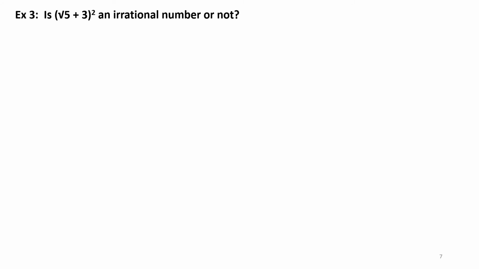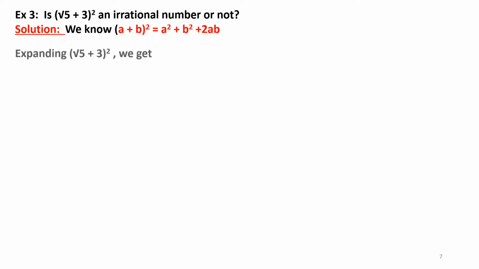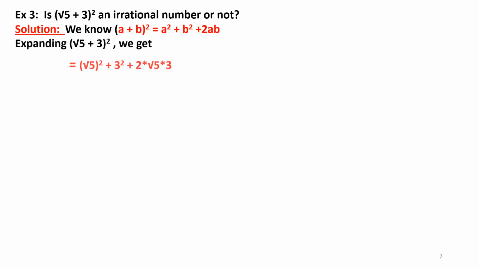Is (root 5 plus 3) whole square an irrational number or not? We have to check. First we will open the bracket. We know (a plus b) whole square is a square plus b square plus 2ab. Using this formula we expand: root 5 whole square plus 3 square plus 2 into root 5 into 3.